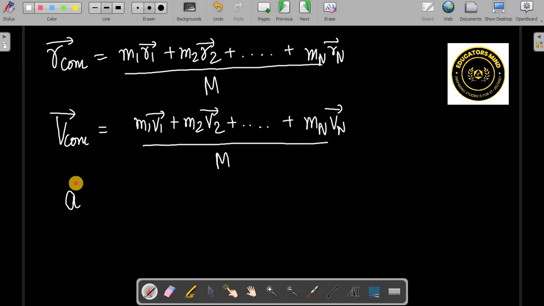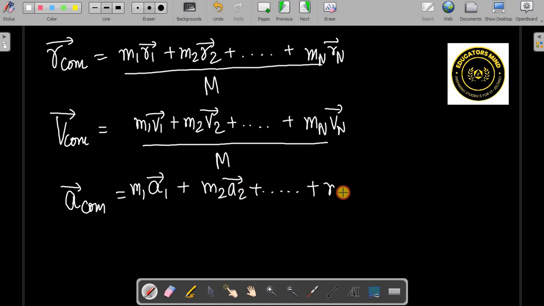In the same way, the acceleration of center of mass is m1 a1 vector plus m2 a2 vector plus dot dot dot plus mn an vector, divided by the total mass.